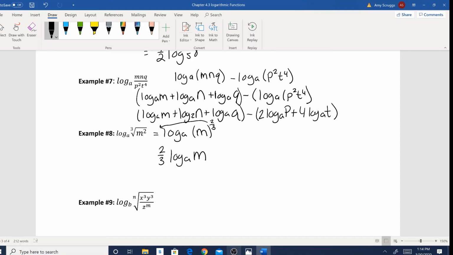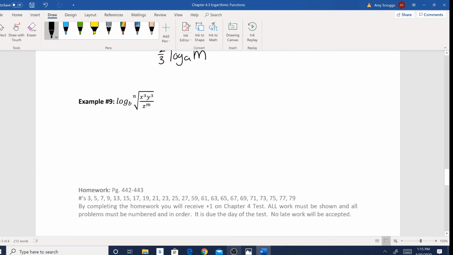Okay. And now for the big one here at the bottom. First things first, let's rewrite all of that as an exponent instead of a big radical. So log base b of all this stuff on top, z raised to the m. Okay, and then when we start to write this as an exponent, all of the stuff under the radical is raised to the first power.